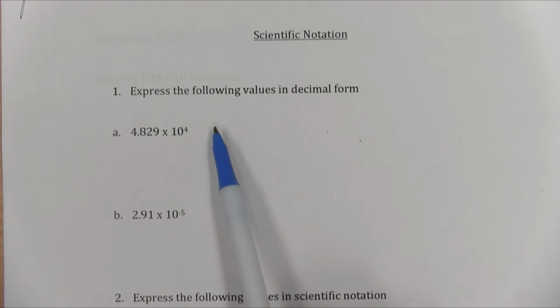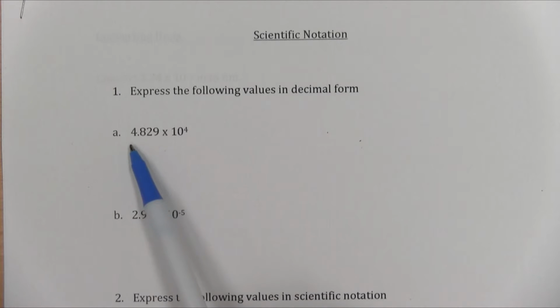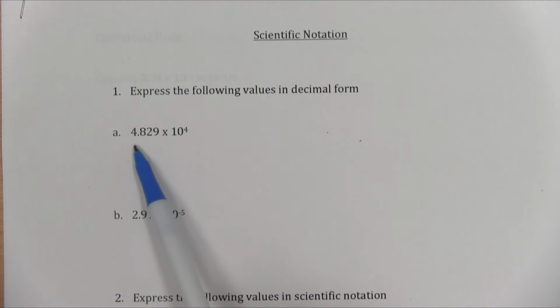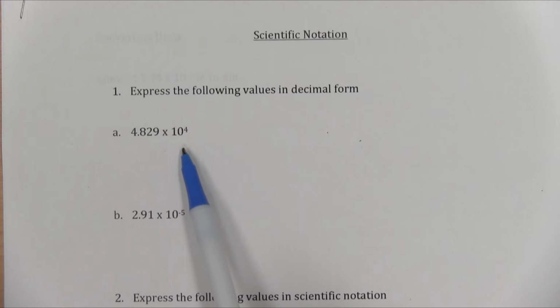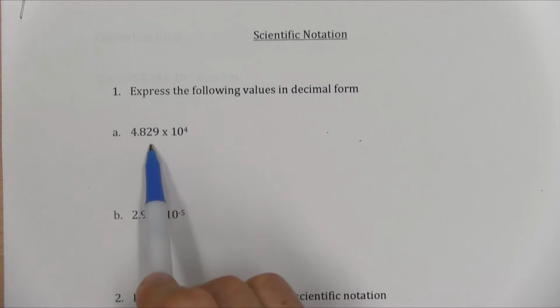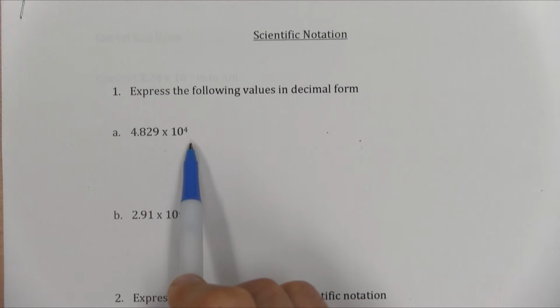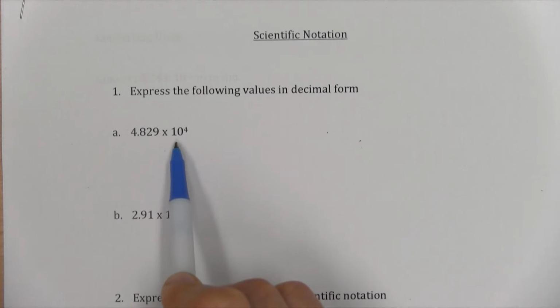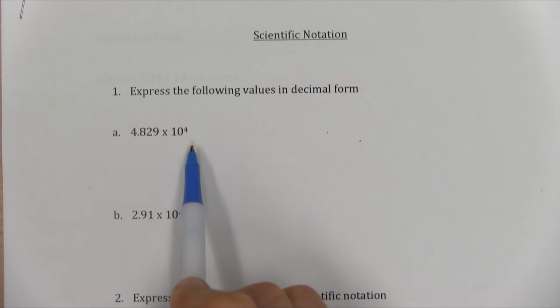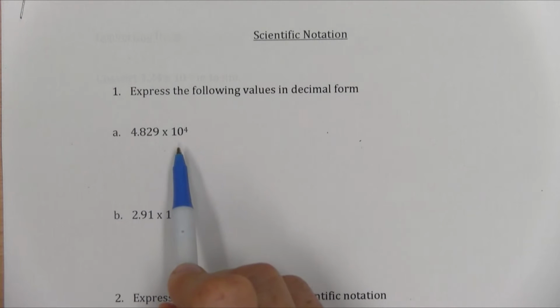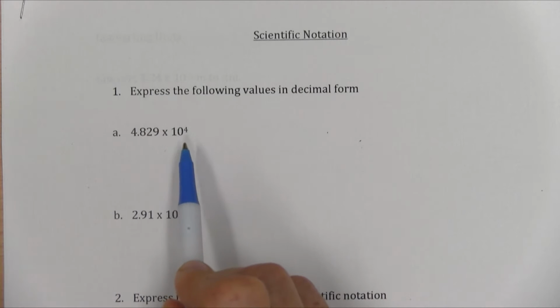We're told to express the following values in decimal form, and our first one we need to consider is this one here. This is an example of a number written in scientific notation, and there are two parts to the number. 4.829 is the coefficient, and the 10 to the 4 here is the exponential part of the number. More specifically, the 10 is the base and 4 is the exponent, and it's interpreted as 4.829 multiplied by 10 raised to the power of 4.